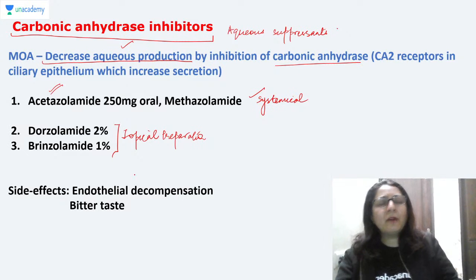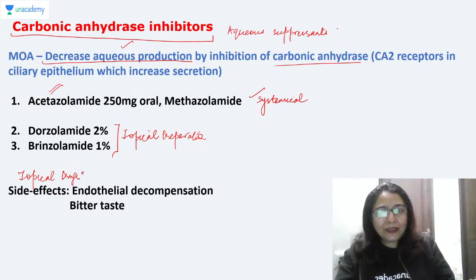Acetazolamide is the most commonly used. Topical ones are your dorzolamide and brinzolamide. Remember, carbonic anhydrase inhibitors are amides: acetazolamide, dorzolamide, brinzolamide.